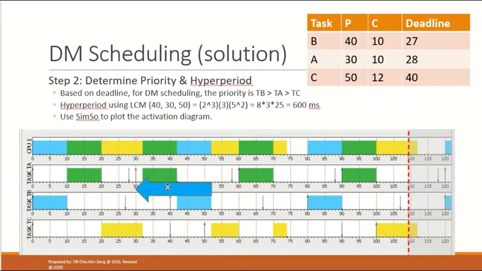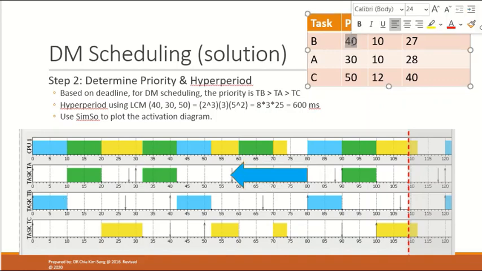So for task A, 30 plus 28, you get 58. So it's here. This is the second round, and 58 will be the deadline. But for task B, we release the task at time 40, I mean the next cycle at 40.